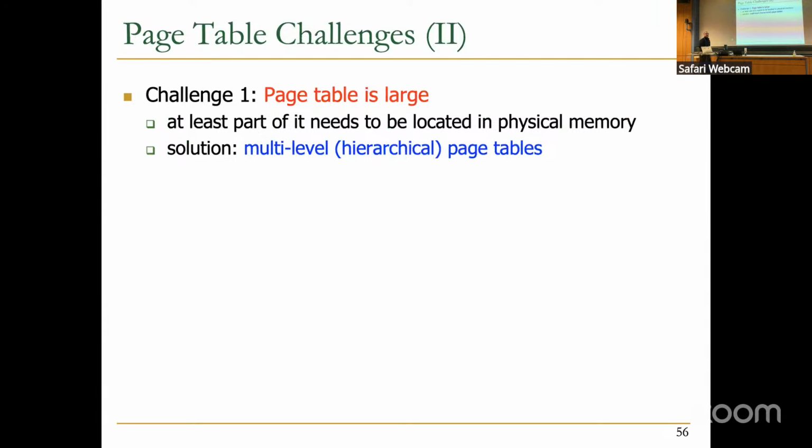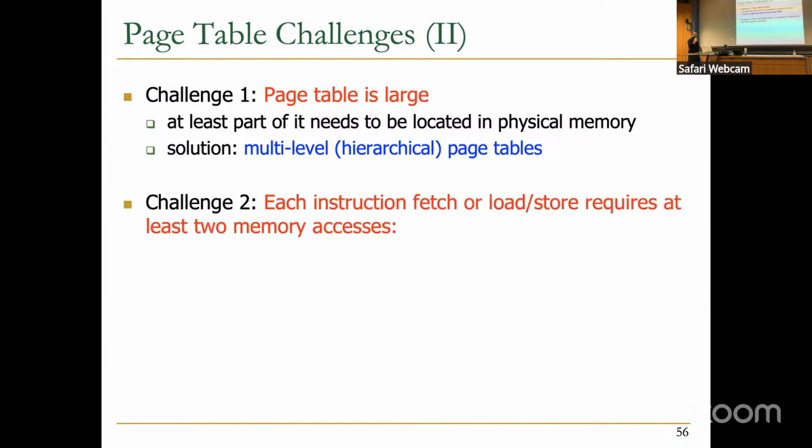So this was the first challenge with the page tables, right? They become very large. And we discussed how we can solve it with the multi-level page tables. So the second challenge is the following. For each data access we're doing, for each virtual address that our program needs to access, we need at least 2 memory accesses in this system, right?